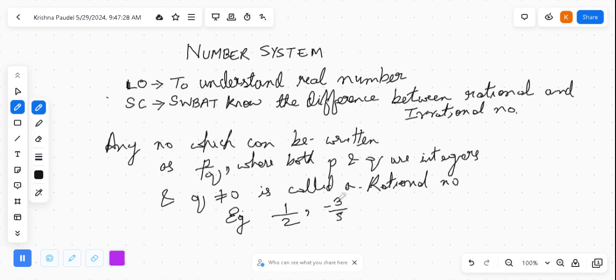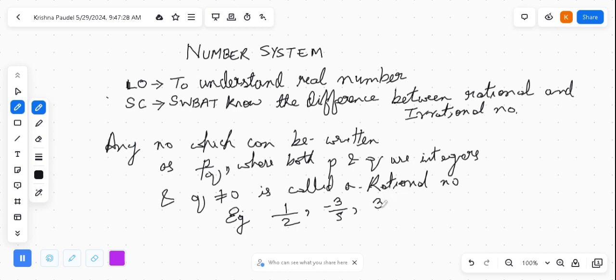Minus 3 is a negative integer. 5 is also an integer, and the denominator 5 is not equal to 0. See one more example. Let's take 3. Just a while ago, we learned that 3 comes under natural number, whole number, and integer. But 3 also will be called a rational number because it is following the definition of rational number.